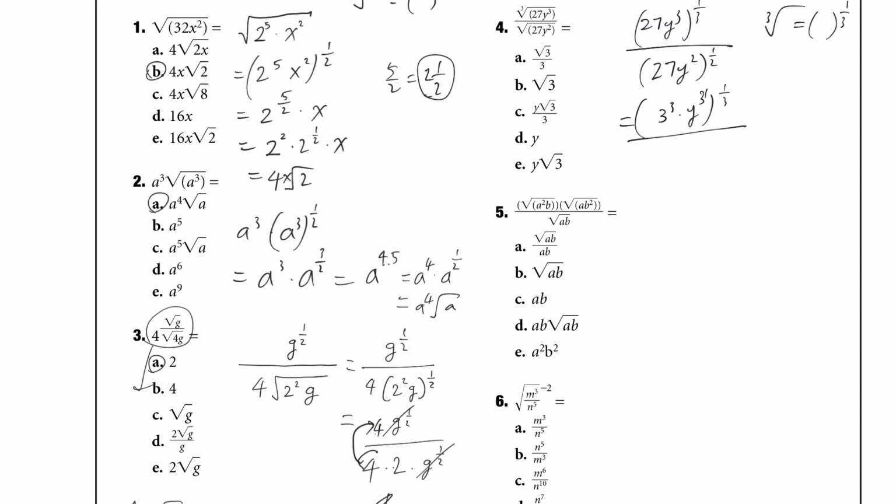And in the denominator, I'm just going to do the same thing, 3 to the power of 3, y squared, and 1/2. And if I do that, 3 to the power of 3 to the power of 1/3 is just 3. y to the power of 3 to the power of 1/3 is just y. In the bottom, it's 3 to the power of 3 over 2, and y to the power of 1, or y. And the y's I can cancel.